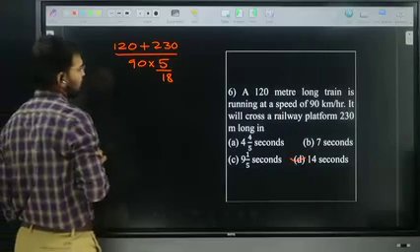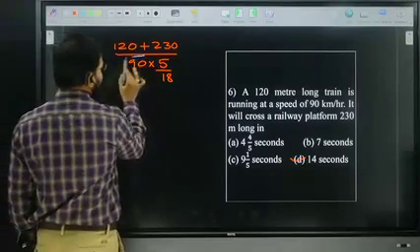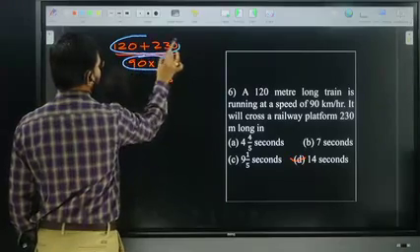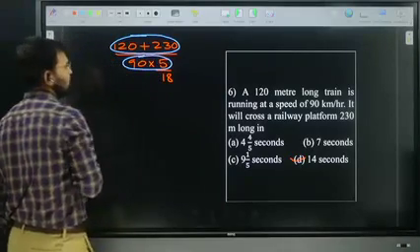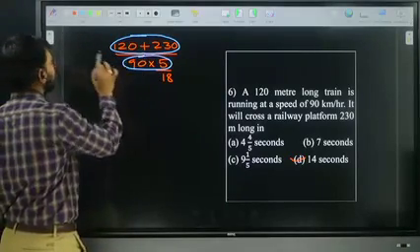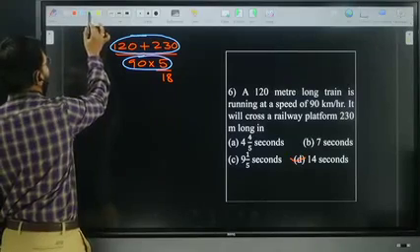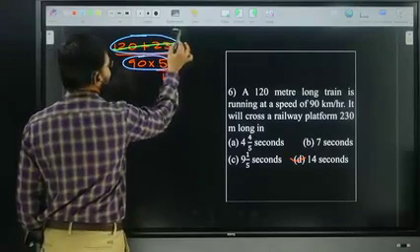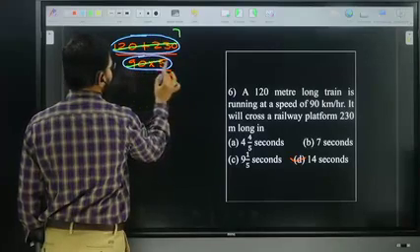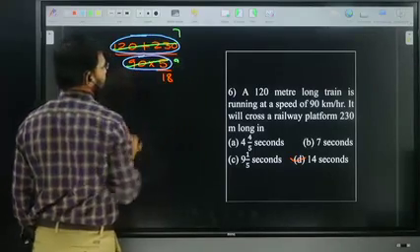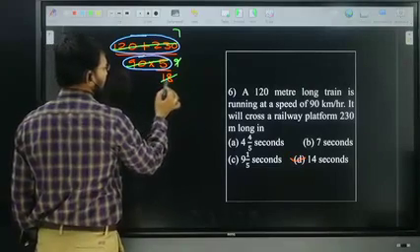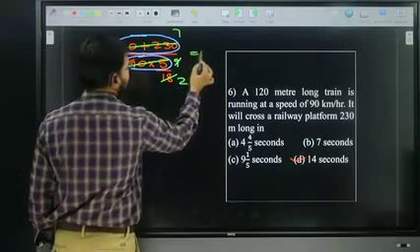This is 350 by 450. 50 sevens are 350, 50 nines are 450. 9 ones are 9, 9 twos are 18, 2 sevens are 14.